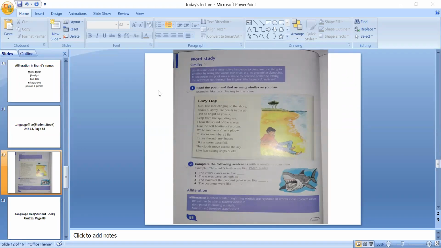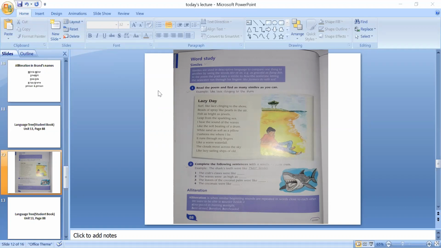Similes are used in descriptive language to compare one thing to another by using the words like or as. Example: as graceful as flying fish. In the poem, the poet uses a simile to describe someone letting the seawater run through his fingers, like farmers do with soil.